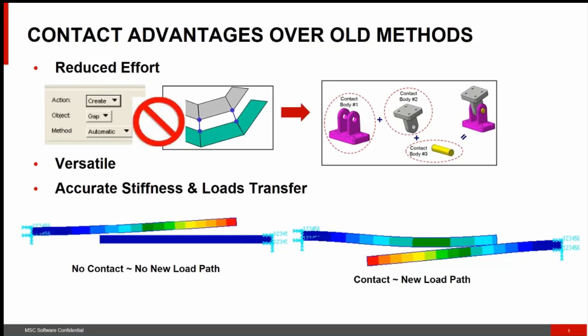Contact gives us this advantage to understand the load path better, and it can be used to accurately find out how the load transfer happens between different components. Also, with MSC Nastran contact, the moment transfer between shells and beams to solids is also included. So that also gives more accuracy when it comes to analysis.